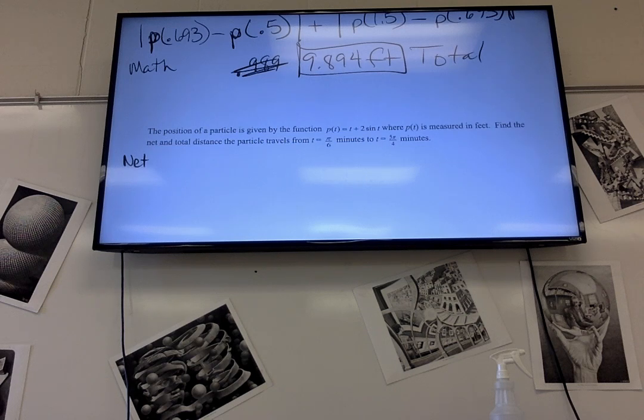You can actually type in pi over 6 and all that stuff. You do the alpha y equals to put the fraction in if you want to. Oh my gosh, I hit the wrong thing. I'm now graphing it.